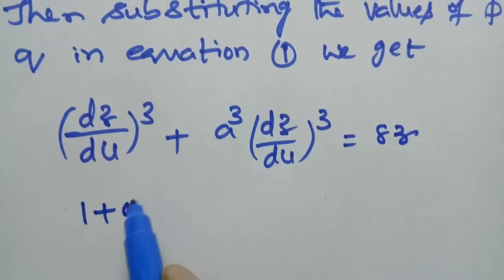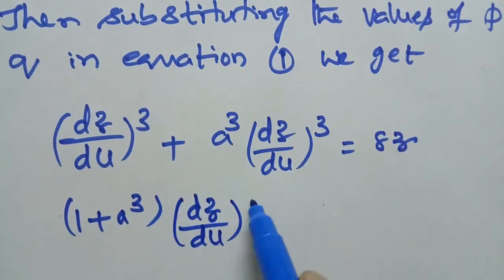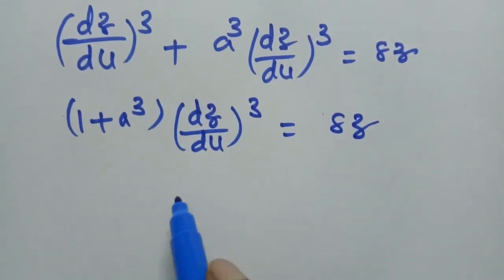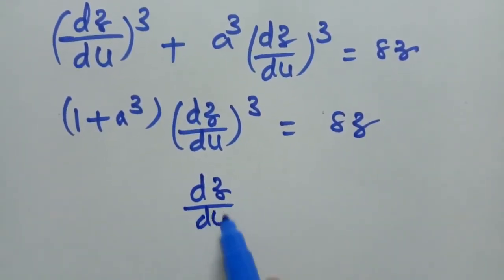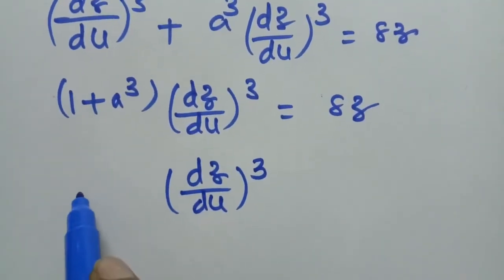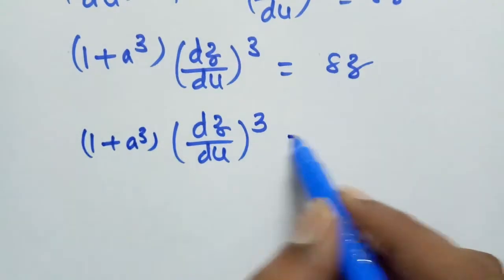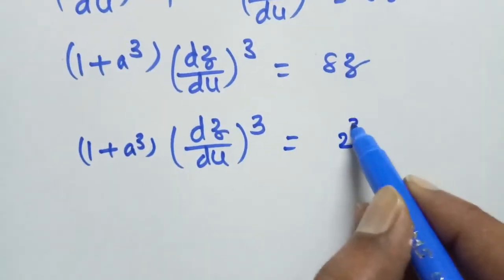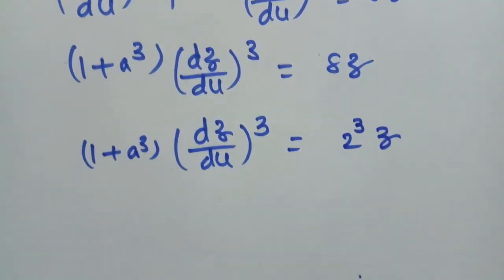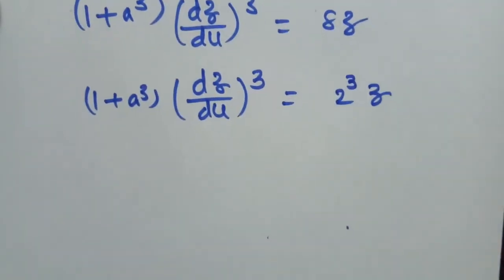Therefore, this can be written as 1 plus a cube into dz by du whole cube, taking the common factor, is equal to 8z, which can be written as dz by du whole cube into 1 plus a cube is equal to 8, which is 2 cube, into z. Taking cube root on both sides.